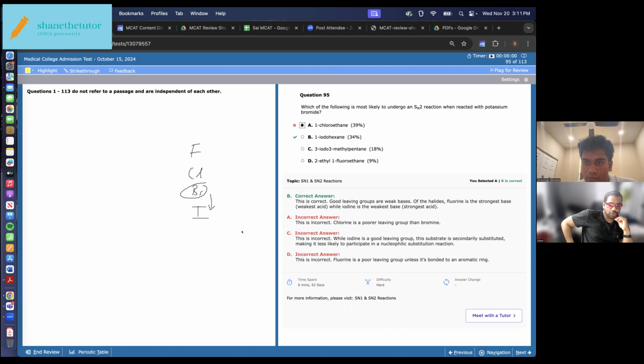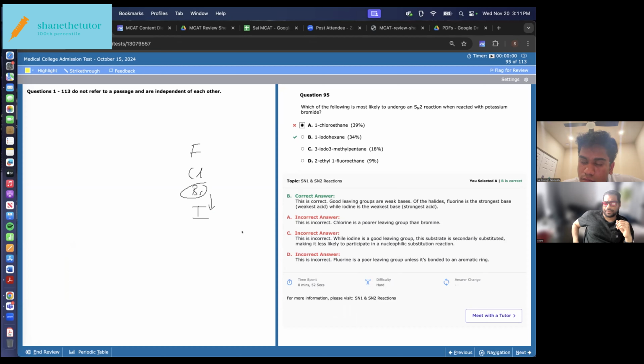Okay, a leaving group could be a weak base. So that could be F minus, Cl minus, Br minus, I minus. And then you can think about whichever one has a higher electronegativity is going to be more strongly bound to some type of molecule.